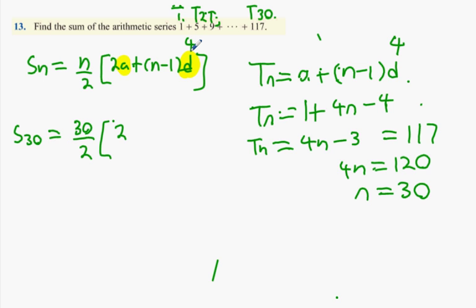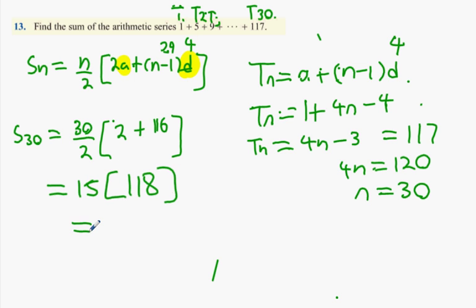But what's n minus 1? 29. So it's going to be 29 times 4. Let me know what 29 times 4 is, just quickly in the calculator. 116. And finally, can somebody multiply 15 by 118? 1,770, and that's your answer.